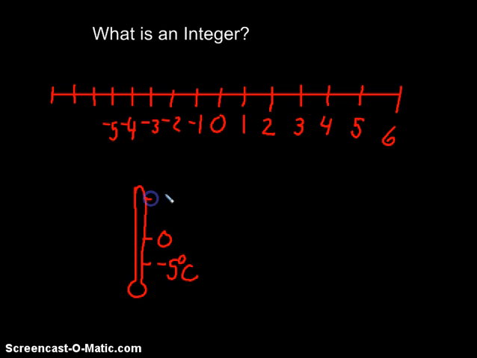However, when you're here in Venezuela, you are at about 22 degrees Celsius. The distance between here and here is 22 degrees. But the distance between a positive and a negative number in this example would be 27 degrees. There are many examples of negative numbers. See what you can come up with.